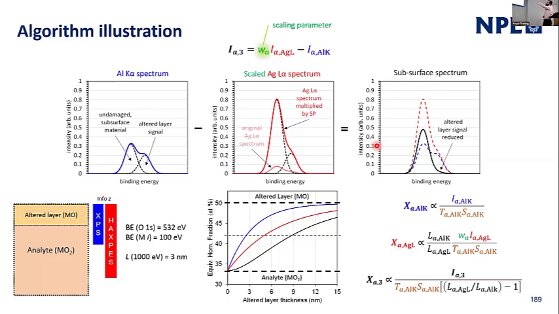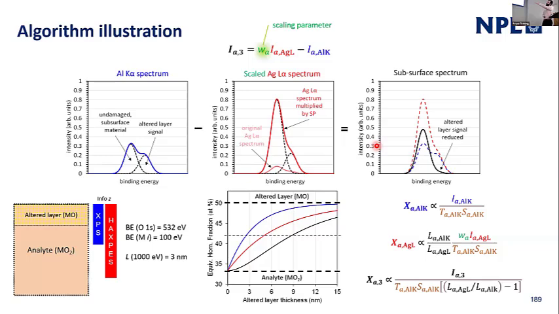And that means when you subtract the aluminium K alpha information away from the scaled silver L alpha information, your altered layer component is reduced or completely removed. And so you're just left with the subsurface information. So that's kind of represented.